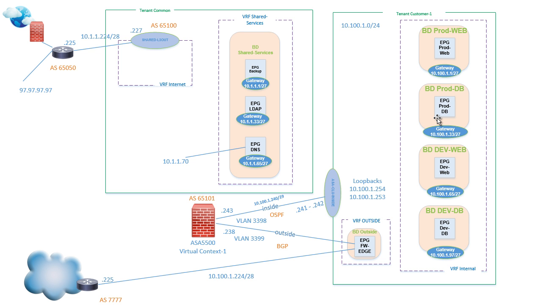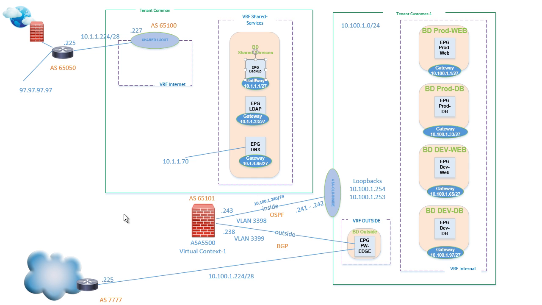If those devices need connectivity out to the internet, then they go through the shared layer 3 out that's presented here, and there's a route leak happening between VRFs. And if they need to access DNS services or backup services, so for example, if they want line rate data backup services and not go through a firewall, they just create that route leak, and they can consume that resource.